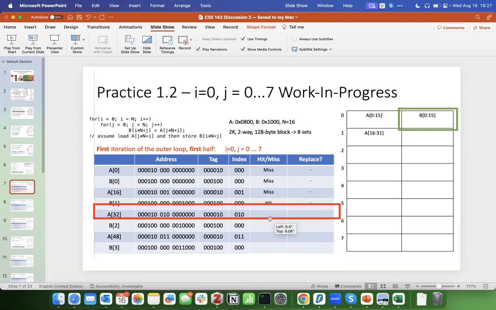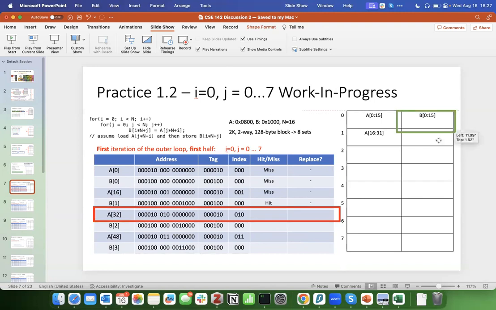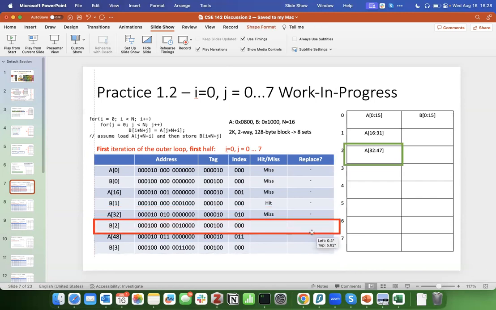And the next one, A32, index 010. That's the first time I'm seeing that index, so A32 to 47 will come over here, and this is a compulsory miss. It doesn't replace anything. B2, all right, I'm going to come back to set 000, and B2 is indeed over there. So this is a hit.